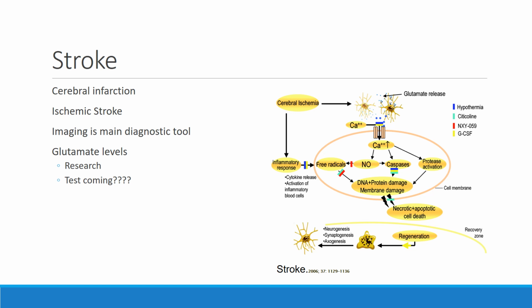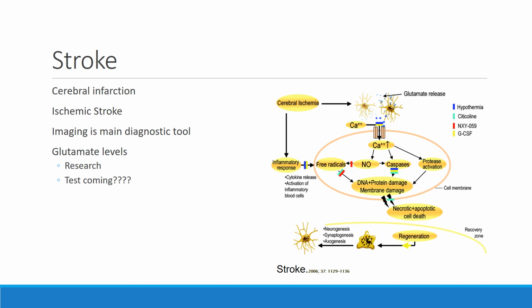There are certain tests that they're doing research on to try and get earlier and earlier mechanisms of diagnosis for stroke, whether it's, you can call it a cerebral infarction, you can call it an ischemic stroke, same difference, okay? You're talking about tissue death in the brain, all right?